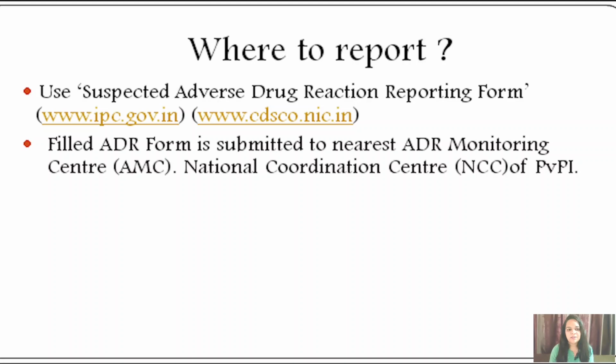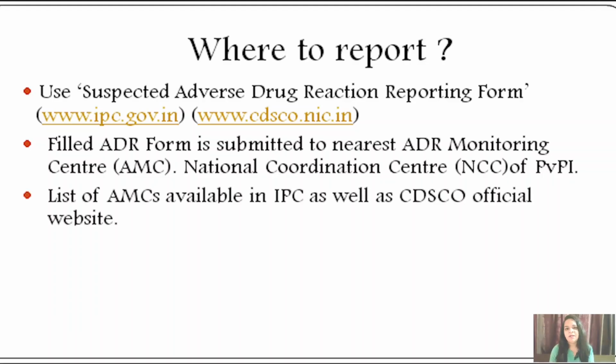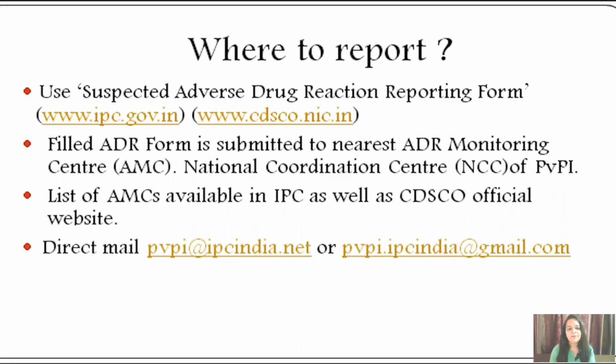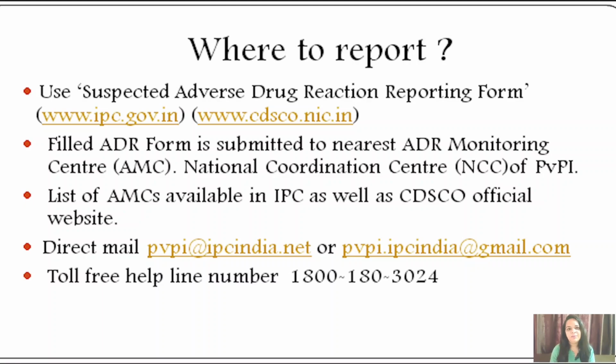Fill in this form and submit it to the nearest ADR monitoring center, or you can also submit it to the National Coordinating Center of the Pharmacovigilance Program of India. The list of adverse drug reaction monitoring centers is available on the IPC as well as the CDSCO official website, and you can also directly mail to pvpi@ipcindia.net or pvpi@gmail.com, and there is a toll-free helpline number for reporting adverse drug reactions.